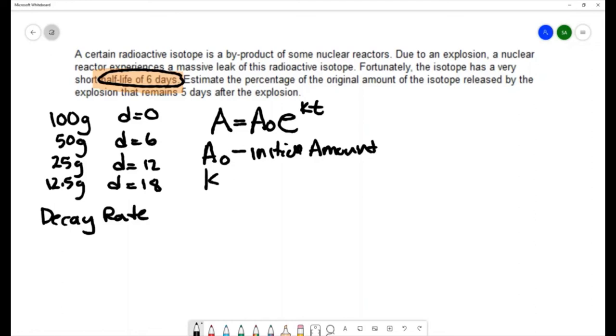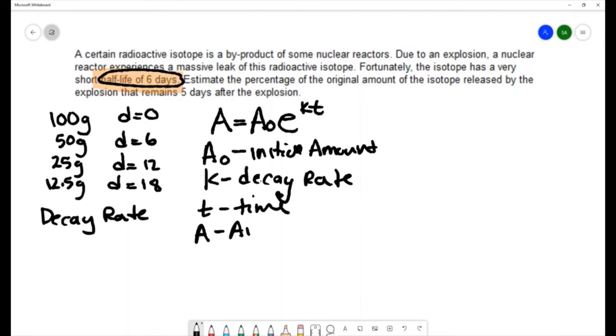K is our decay rate. T is time. And A will be the ending amount, how much we have of that radioactive isotope after our time period.